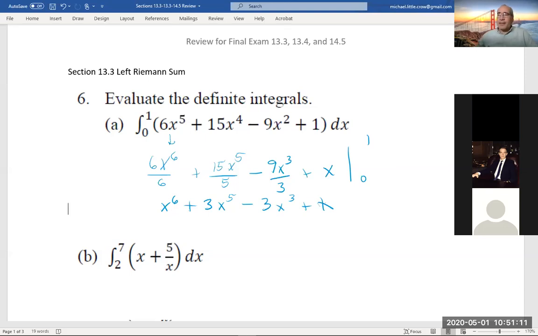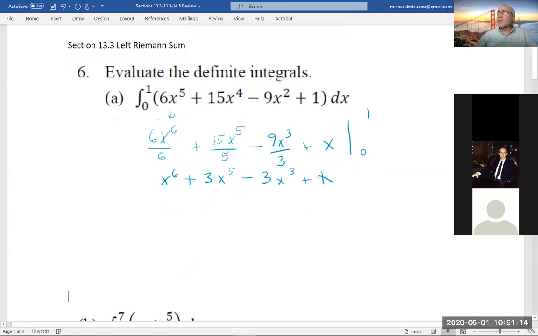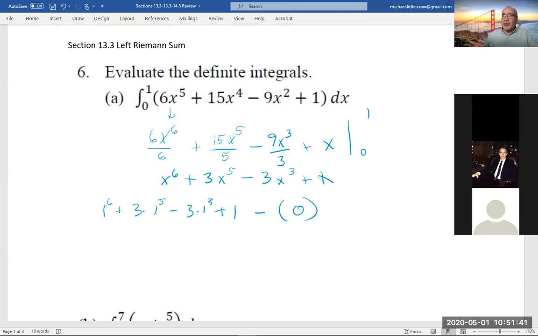And again, to evaluate this, you plug in 1 in the front, so we're going to get 1 to the 6th plus 3 times 1 to the 5th minus 3 times 1 to the 3rd plus 1, minus everything with a 0 plugged in, but notice as we plug in a 0, everything becomes 0. So I'm just going to do a shorthand minus 0. So this gives us 1 plus 3 minus 3 plus 1. That's 2, so our answer is 2.